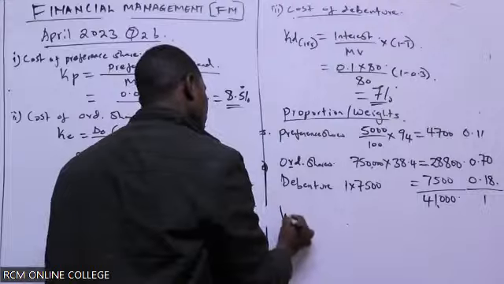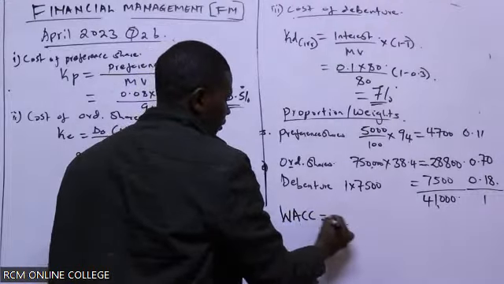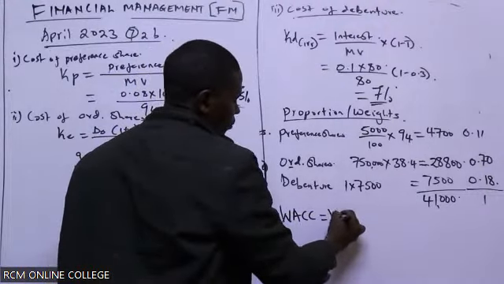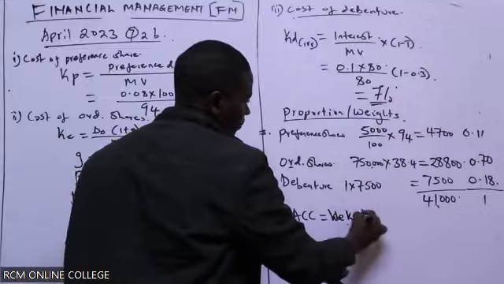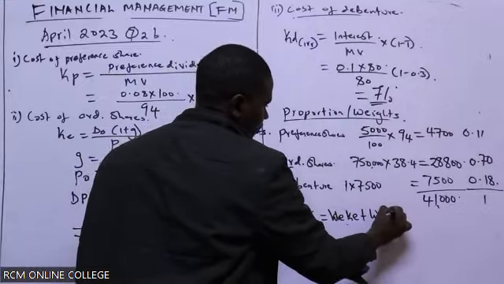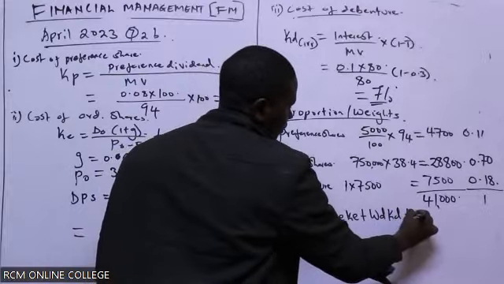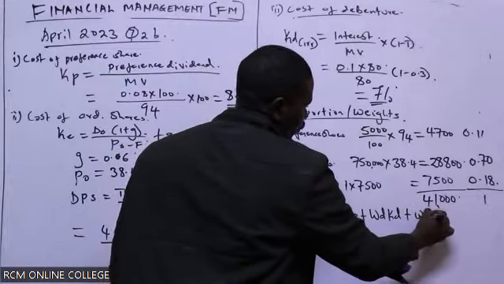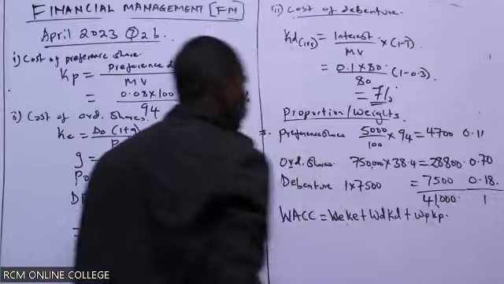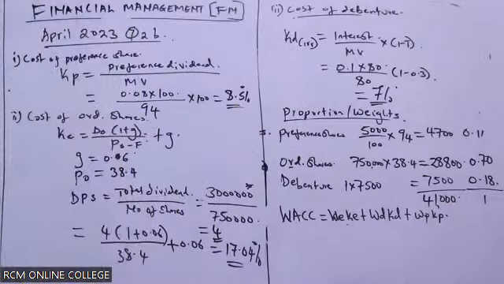So WACC is what they want. It will be weight of equity times cost of equity plus weight of debt times cost of debt plus weight of preference share times cost of preference share. So tunazichukua hizo zote.